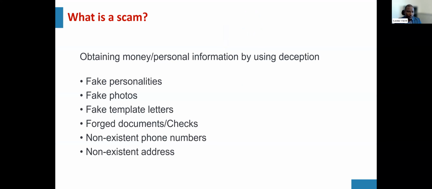Let's get started with the basic definition of a scam. A scam is basically obtaining money and/or personal information by using deception. Fake personalities, fake photos, fake letters, fake checks, fake everything. But what you need to understand is the end goal is to obtain money from you, whether directly or by using your personal information.